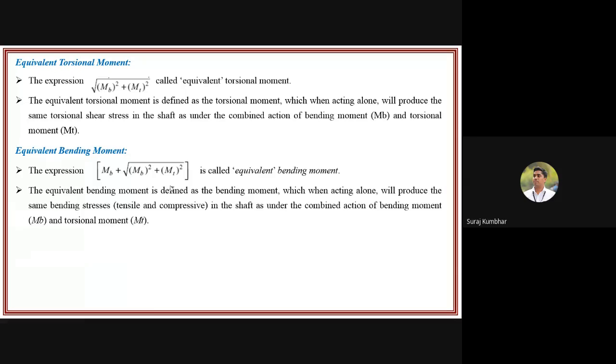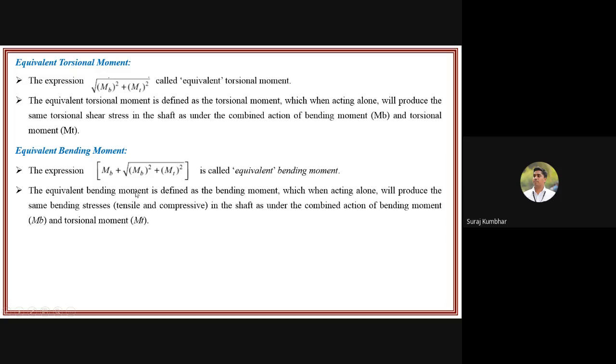Now the equivalent bending moment is defined as the bending moment which, when acting alone, will produce the same bending stress, which may be tensile or compressive, in the shaft as under the combined action of a bending moment and torsional moment.